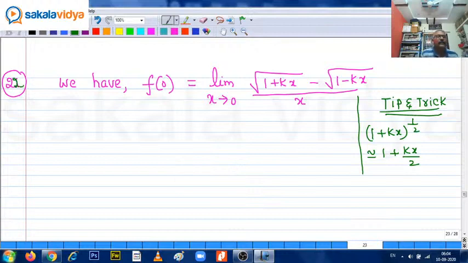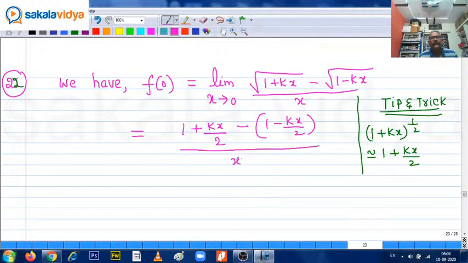Okay, let's say 22, no problem. So this can be written now: root of 1 plus kx we can write as 1 plus kx upon 2, minus of 1 minus kx upon 2, upon x, limit x tends to 0. This is 1 plus kx by 2 minus 1, minus into minus plus kx by 2, upon x.